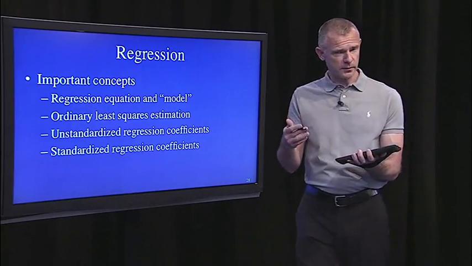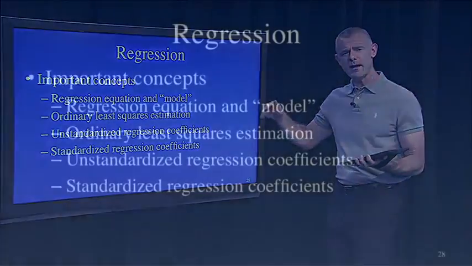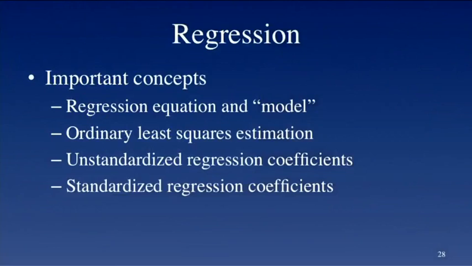So to wrap up this segment, the most important things to take away are, what is the regression equation? At this point, in simple regression, it's just the equation for a line. We have intercept and slope, x and y. We're still assuming that x and y are both continuous, both normal, and there's a linear association between them.